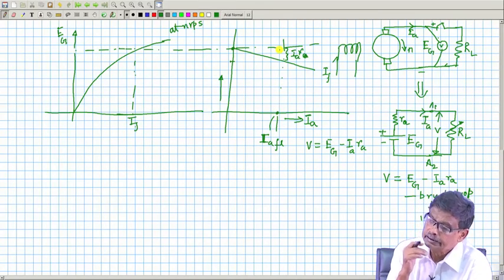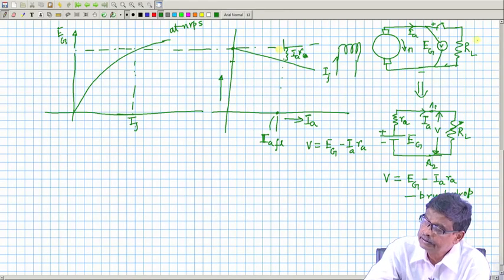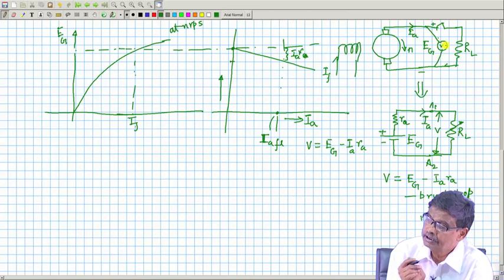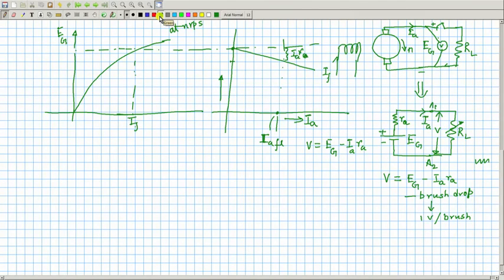Remember that in this case, if you put a short circuit, that is R L is 0, then how much will be the current? So, with V is equal to E g minus I R A, suppose R L is equal to 0, means short circuited. If it is short circuited, then current will be very large.